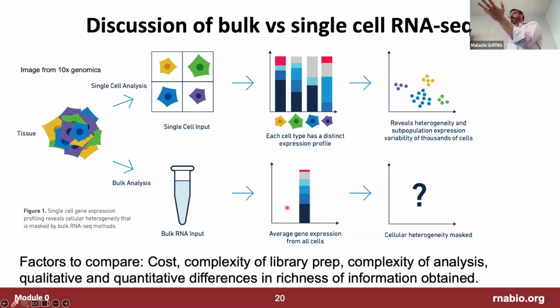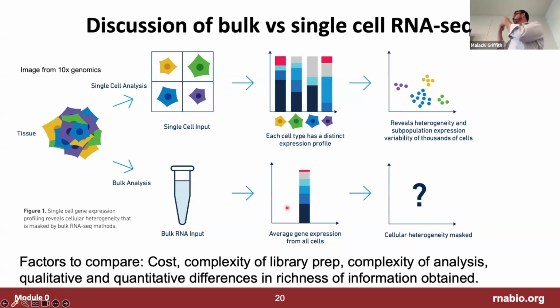Right, so that's the obvious rationale, and the dream of single cell transcriptomics. There are a lot of biological systems where we have cellular heterogeneity. We have a mix of different cells with potentially quite different gene expression profiles, all working closely together. You isolate a sample and there's a mix of them.